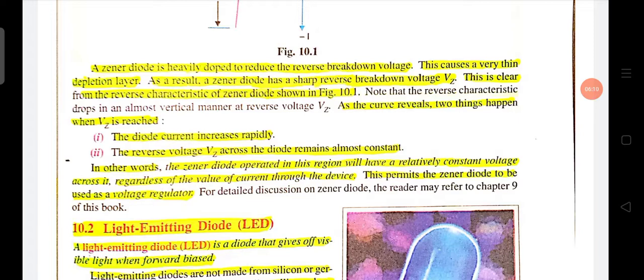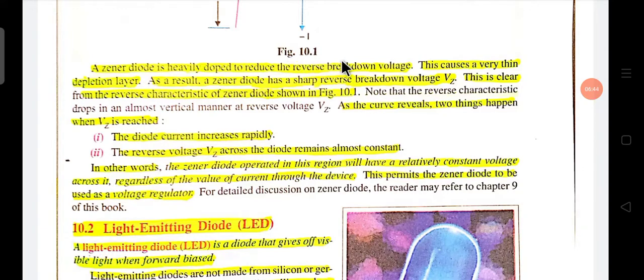The amount of impurity we add to our semiconductor is called the doping process. In a Zener diode it is heavily doped, so much impurity is there, to reduce the reverse breakdown voltage, and this causes a thin depletion layer.